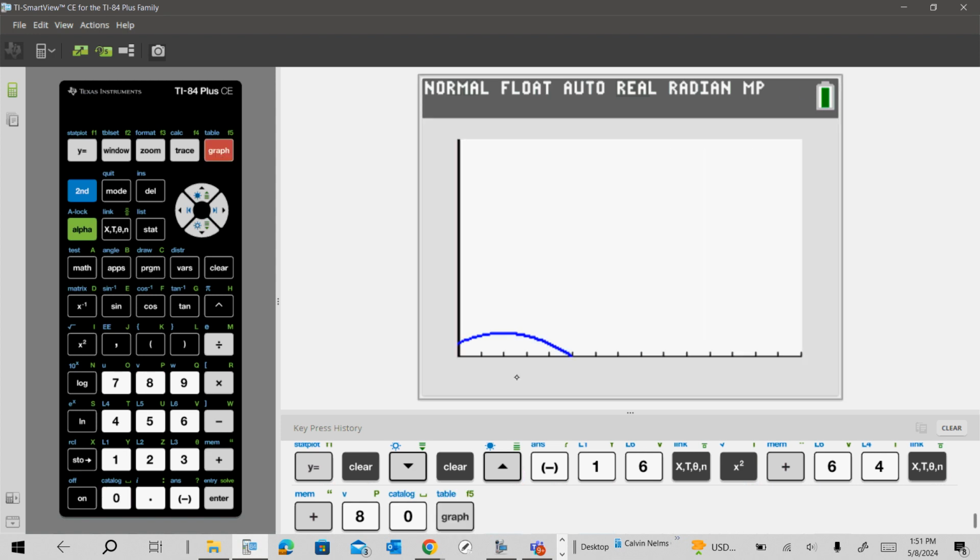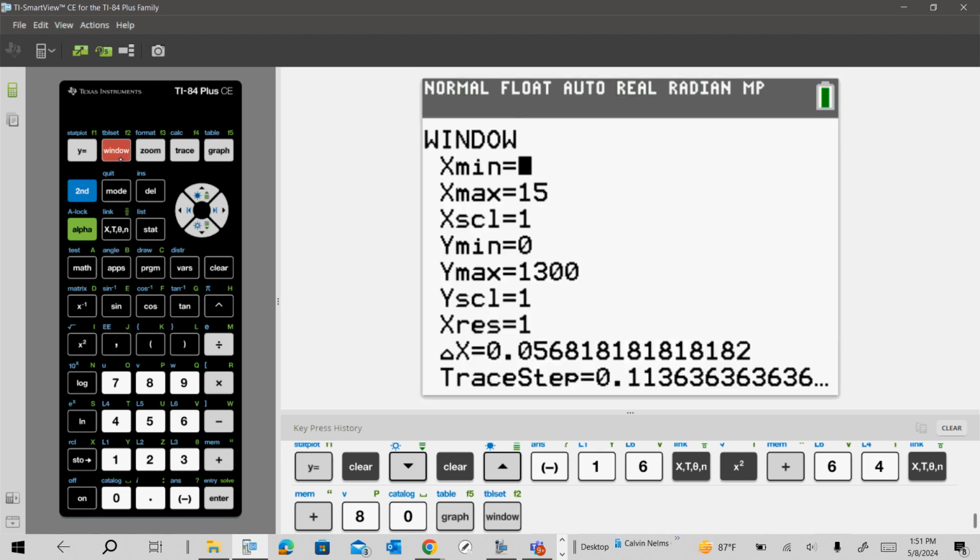Like this graph that I'm showing right now is by a previous window, and I have a lot of wasted space here. If I look at my tick marks, 1, 2, 3, 4, 5, 6, okay. So when I go to my window, I don't need to go to 15 seconds. 6 seconds looks like it's enough. And I don't need to start at a max of 1300.